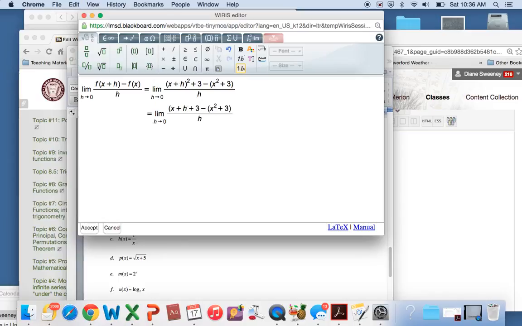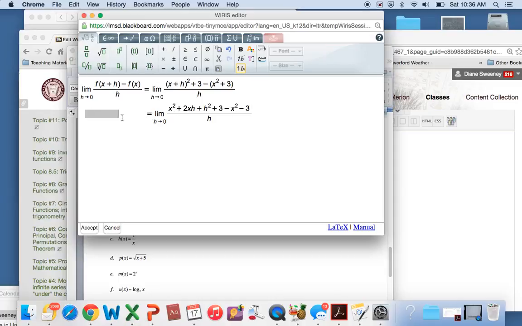So I know when I square x plus h squared, that gives me x squared plus 2xh plus h squared. Okay, and plus 3 minus, and I'm just going to distribute the negative and clean that up a little bit.